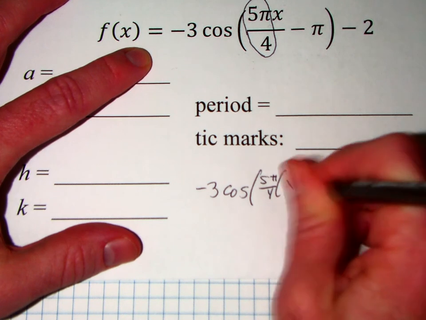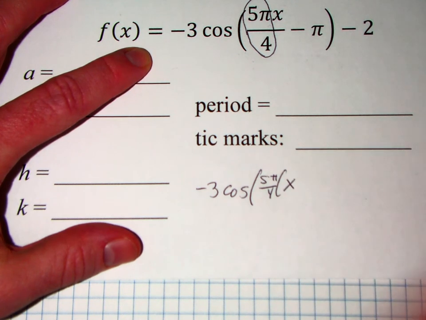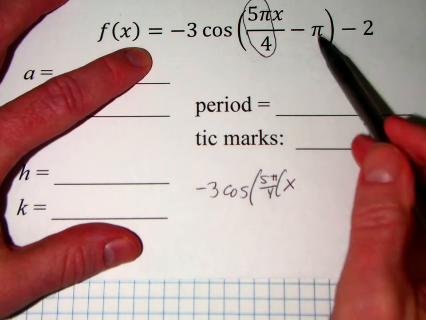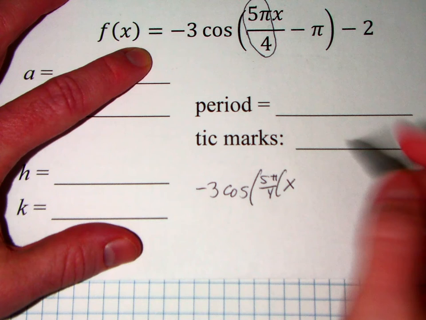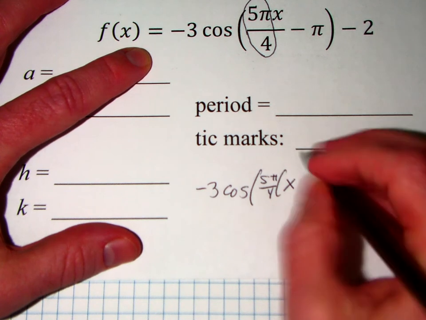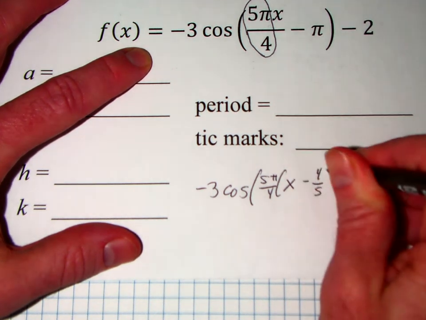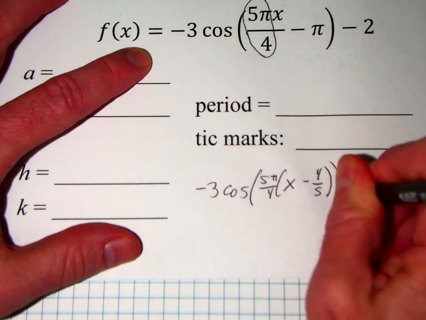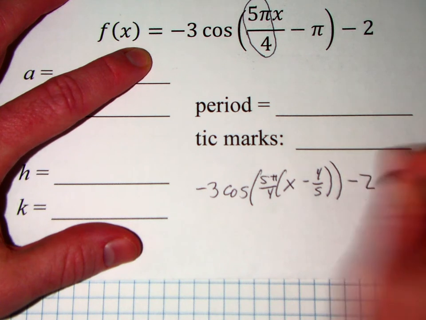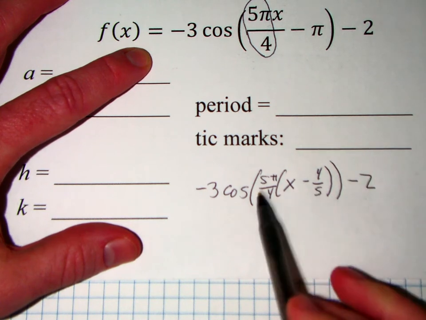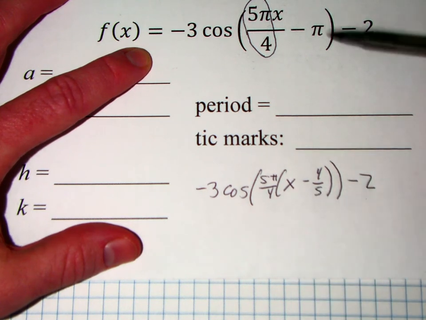Now we need to figure out, if we factor this 5 pi over 4 out, notice I don't have the pi anymore. So what I am going to have is -4 over 5. Take a minute if you need to, and see if you can see why this becomes this.